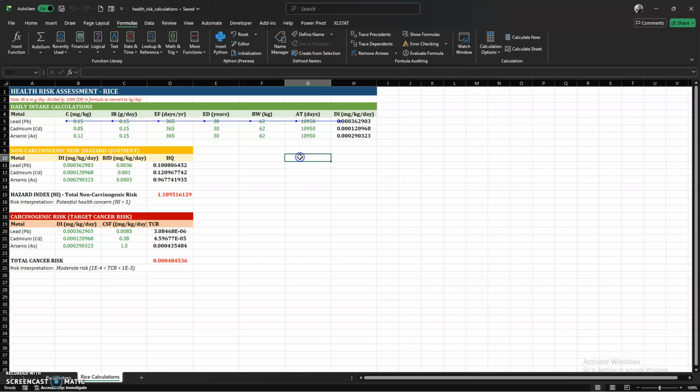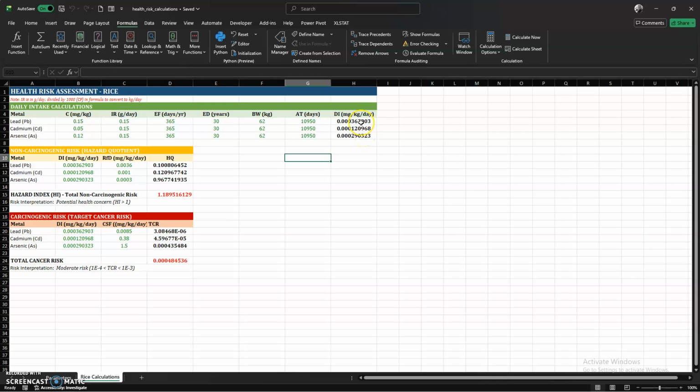I told you that your AT is simply 365 days multiplied by your exposure duration. That is how they came about this 10,950. Once you obtain this, you do that for cadmium and you do that for arsenic. So you've gotten your daily intake.